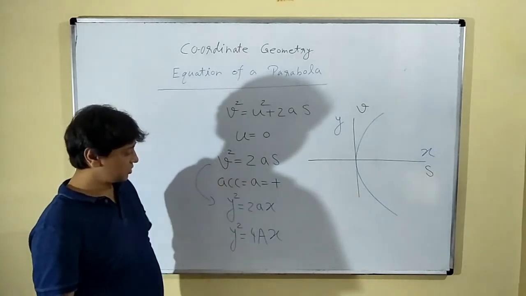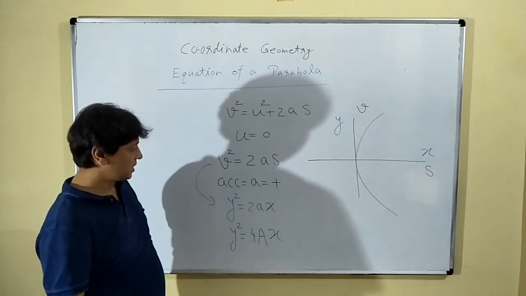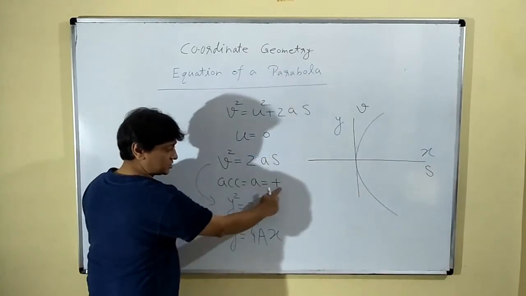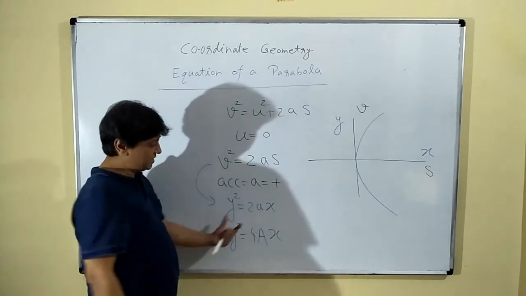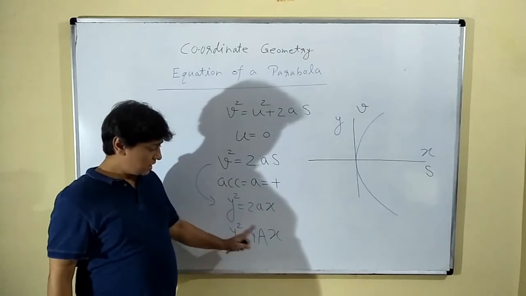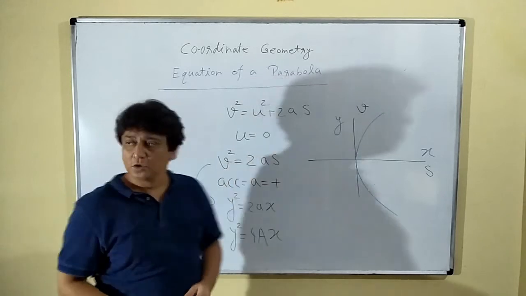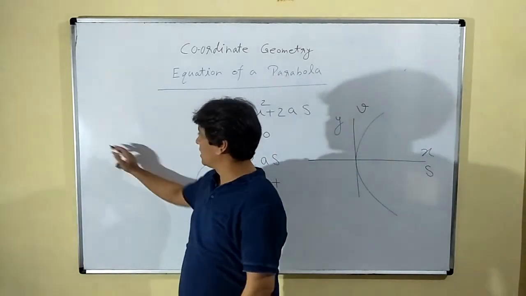Small a is acceleration, and capital A जो हमने पैराबोला के साथ सीखा हुआ है. If a is positive, तो जो x का कोएफिशिएंट है, that coefficient is positive.